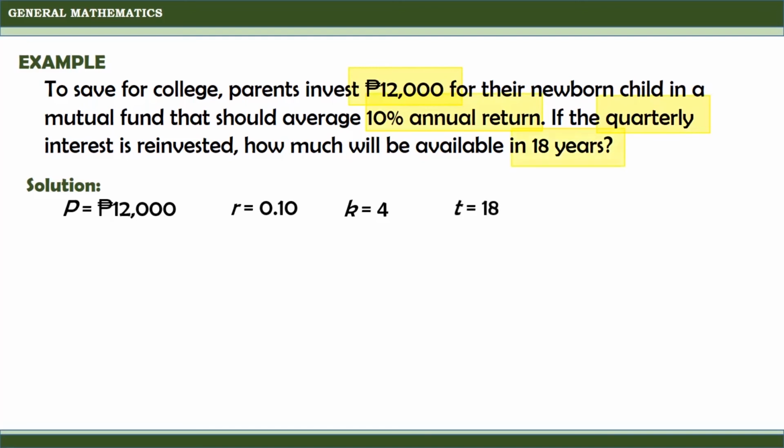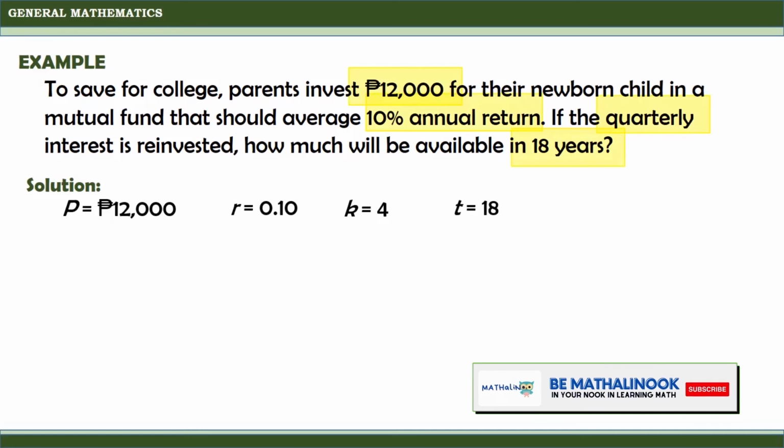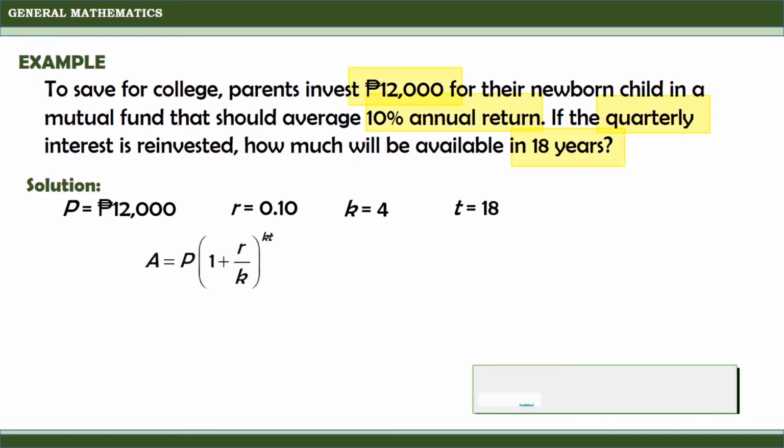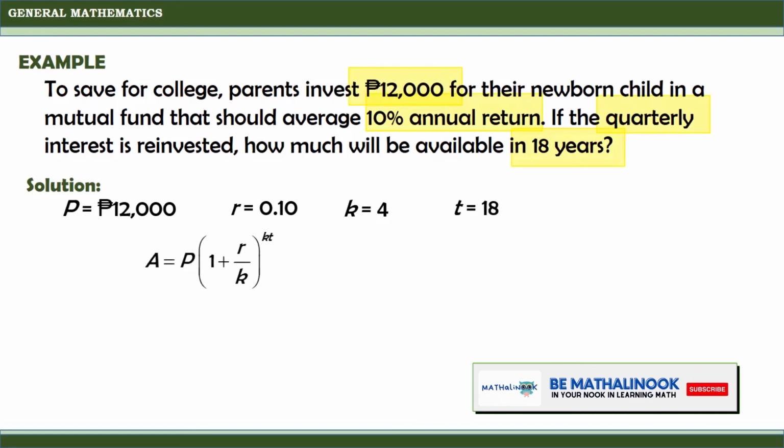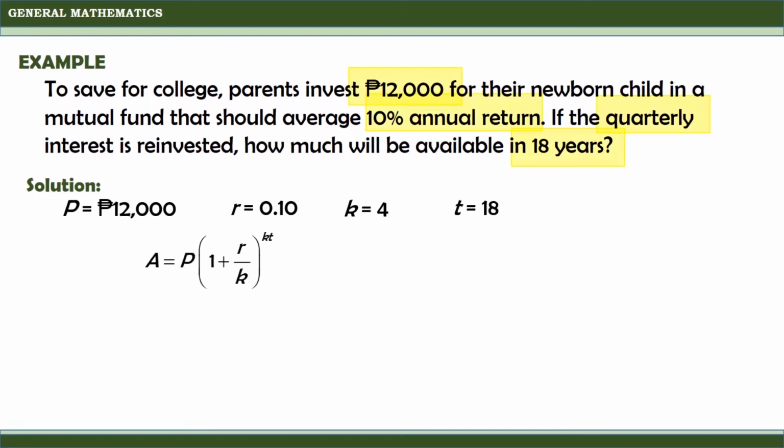We will now substitute P, R, K, and T into our formula A equals P quantity 1 plus R over K raised to KT. Then we will have 12,000 quantity 1 plus 0.10 over 4 raised to 4 times 18.